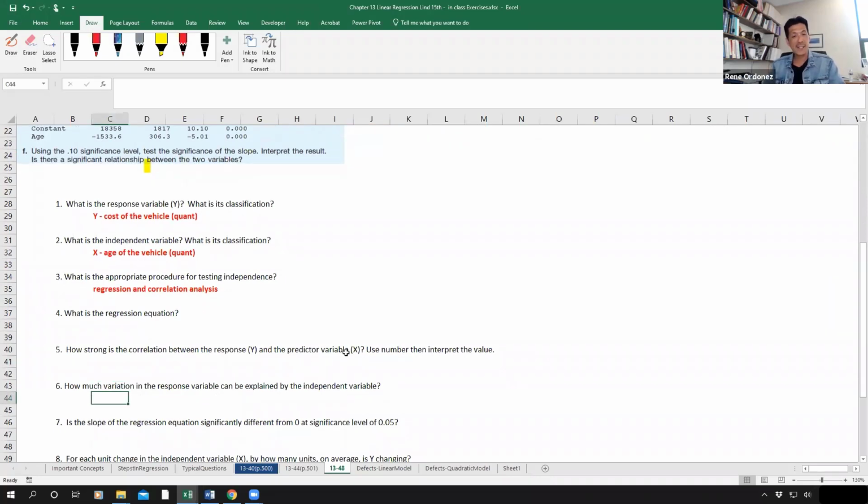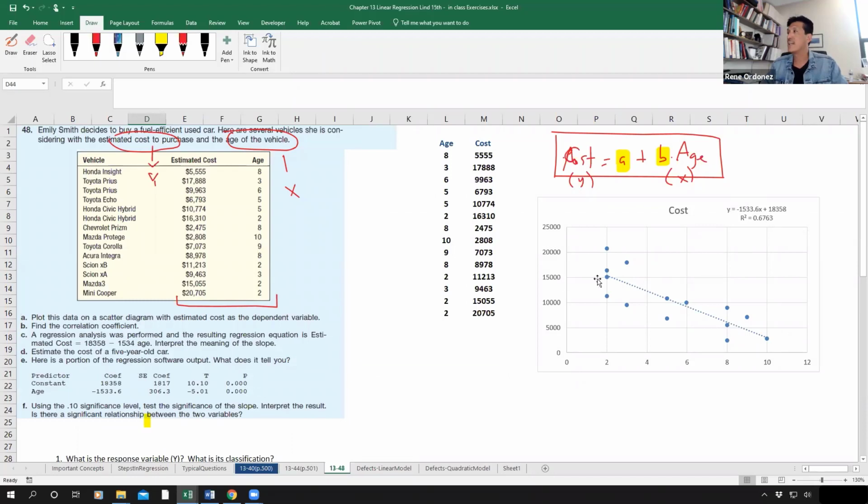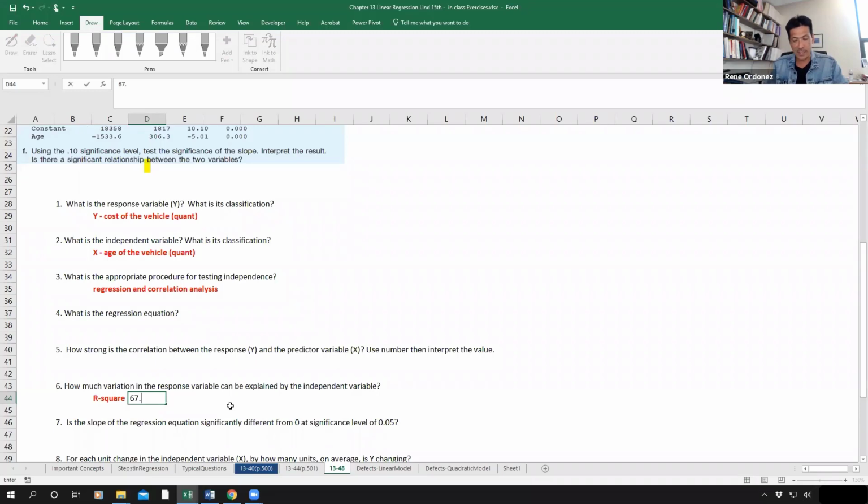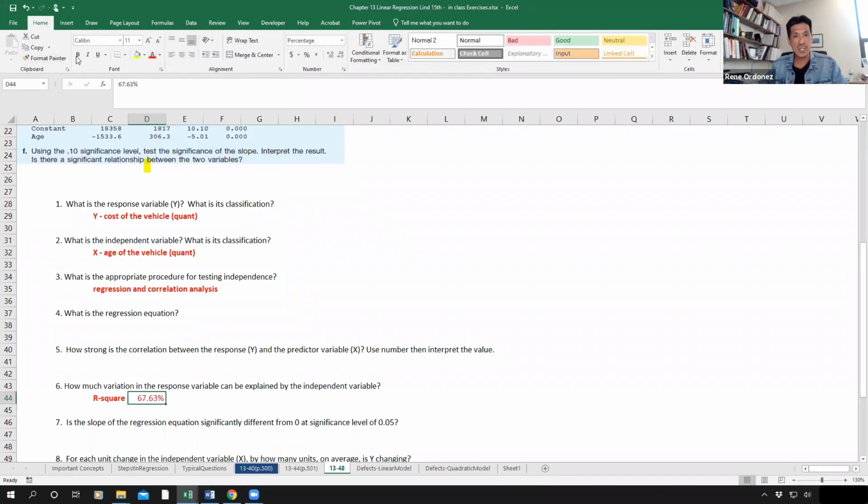Number 6, how much variation in the response variable, meaning how much variation in the cost of a car, can be explained by its age. So here we will be using the r-squared value, and this r-squared value is equal to 0.6763, or we will say that about 67.63% of the variation in a vehicle's purchase cost can be explained by age.